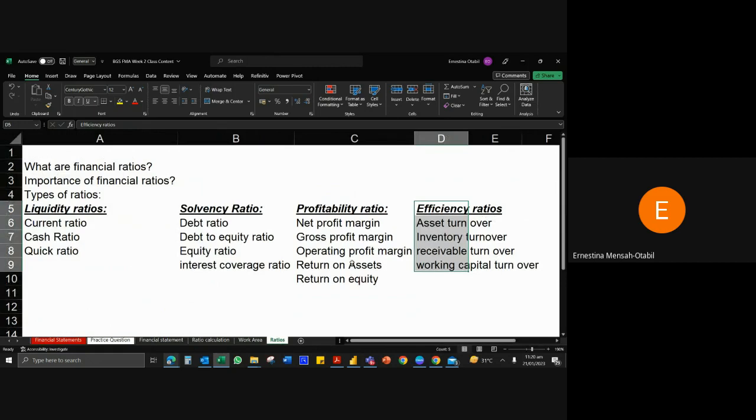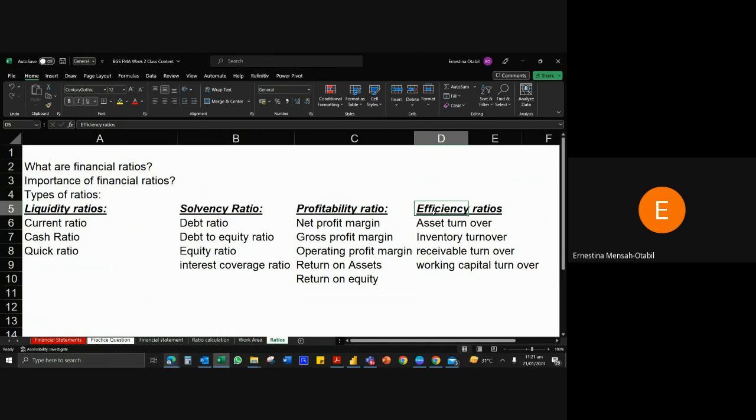What then is the efficiency ratio? The efficiency ratio measures the company's ability to manage its assets and liabilities in an efficient manner. Every company has assets, and every company has liabilities. How are you able to make the most out of your assets and your liabilities when you are using them?